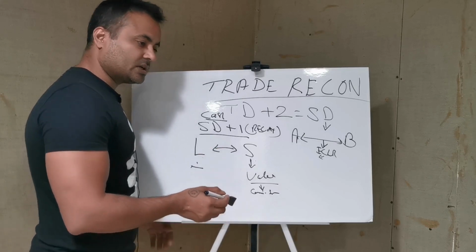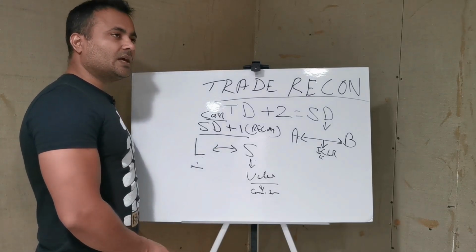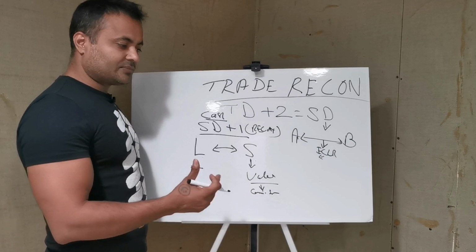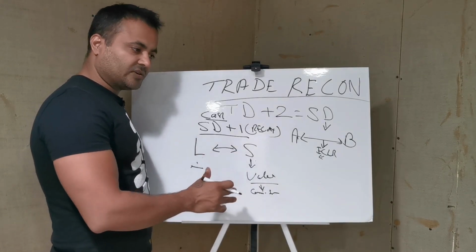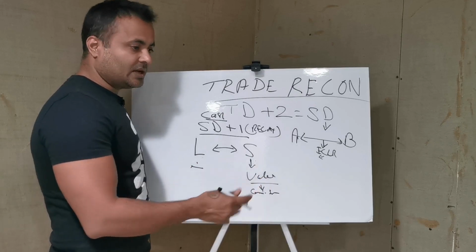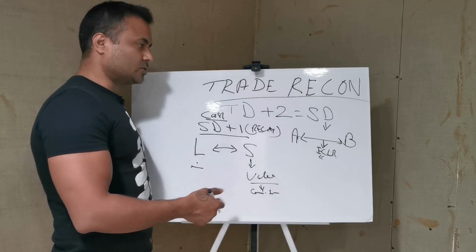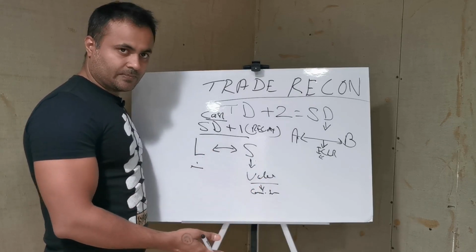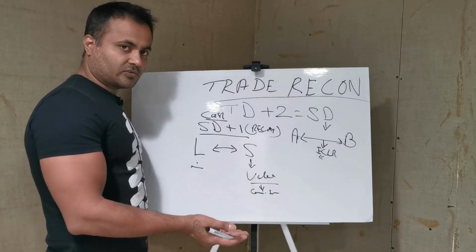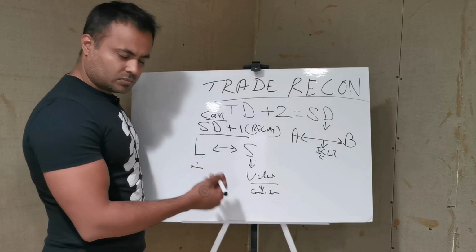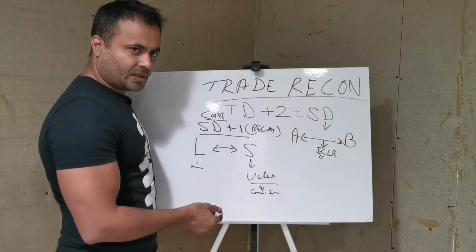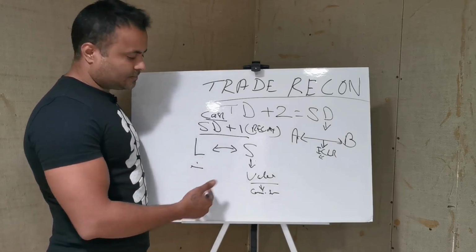We have a certain limit, that up to $25, if there's a difference, you can match. If it goes beyond, then you need some approval, you need to justify why there's a difference. You need to do a little bit of research, and if it's within your limit, you can match.